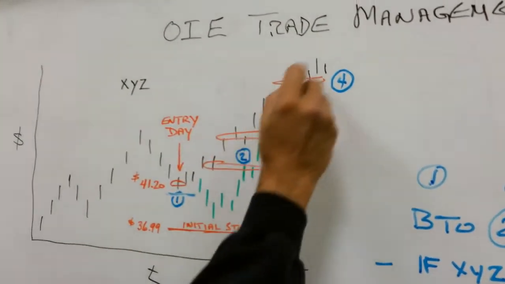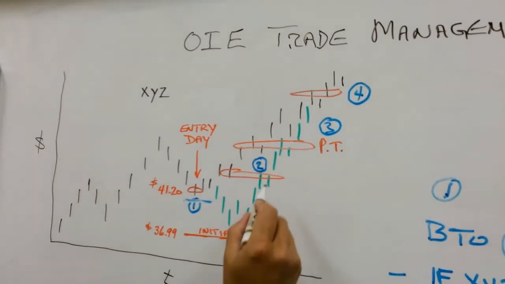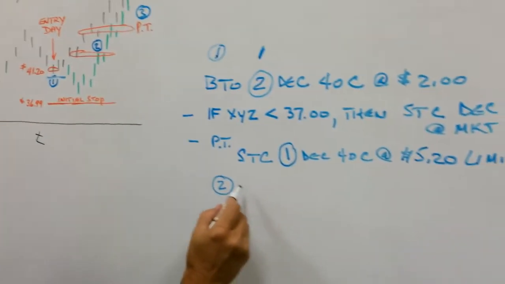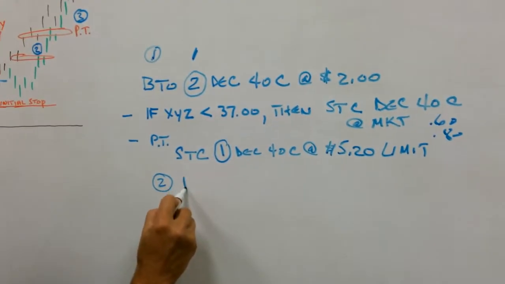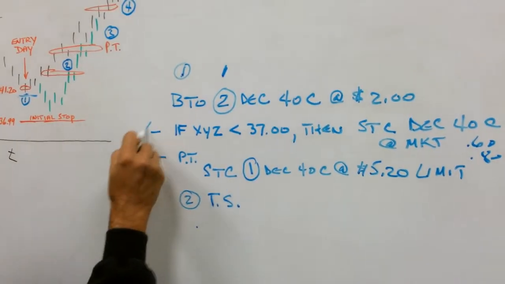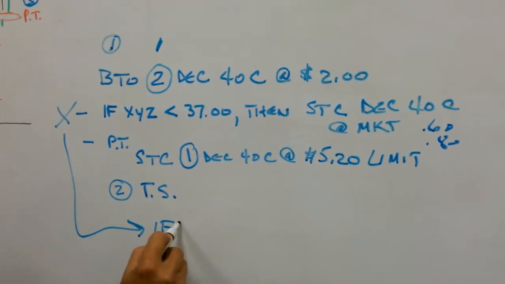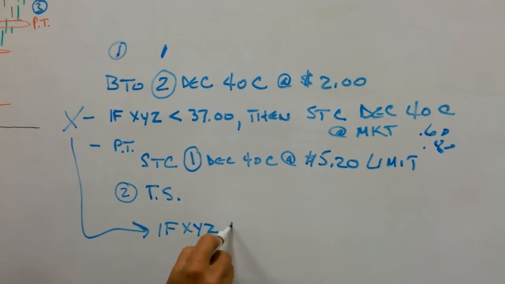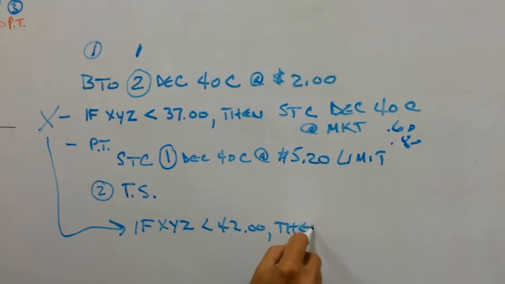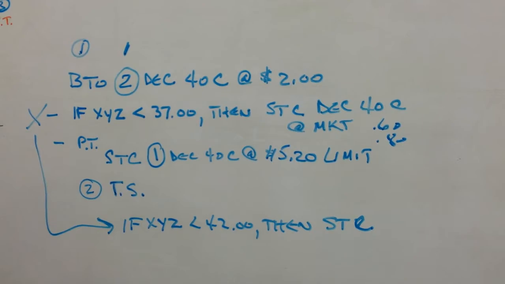With the option strategy, you don't have that problem. So whether the market goes straight up or backfills first and then goes up, at point 2 here, we're going to move the trailing stop by changing this order right here to: if XYZ is less than 42, then sell to close our December 40 call.